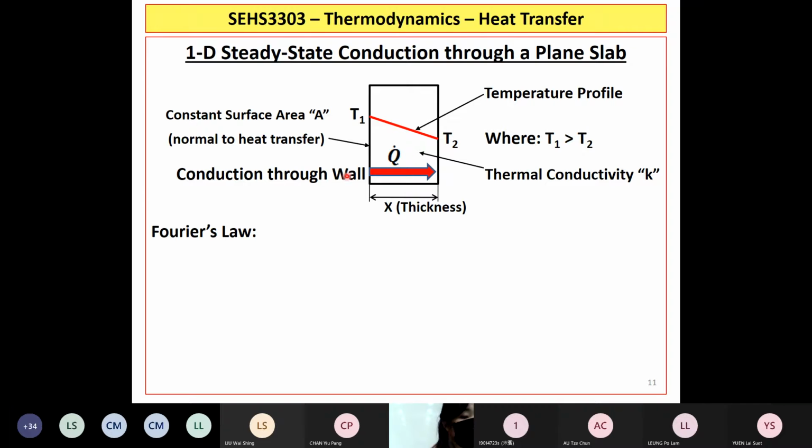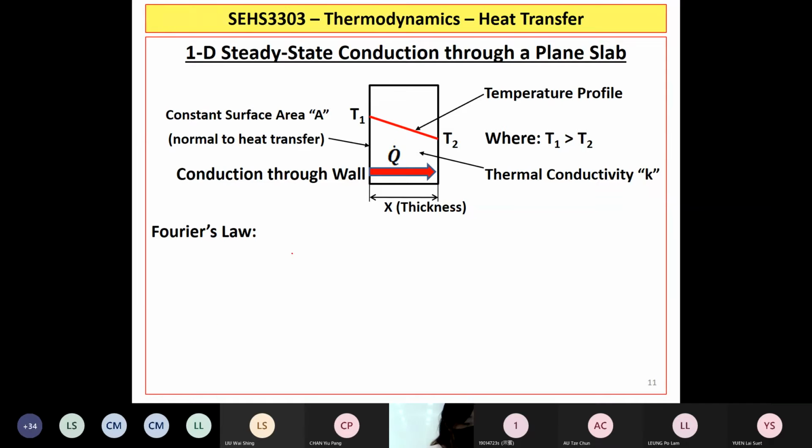So the conduction will happen in the x direction. It has a constant surface area, normal to the x direction. At this surface, it has a temperature of T1, while at this side, it has a temperature of T2. In this case, we assume T1 is larger than T2. This material has a thermal conductivity K. As I said, we assume it is constant for this solid.